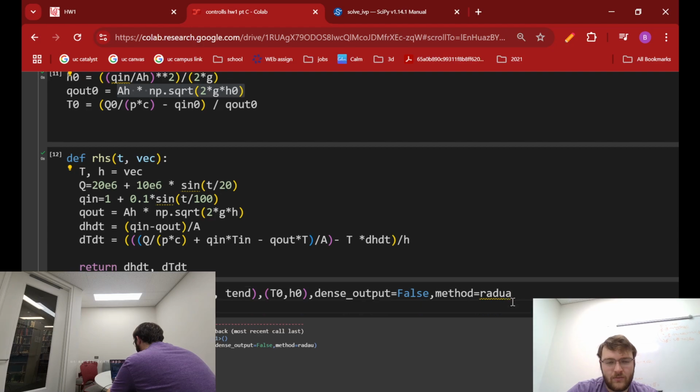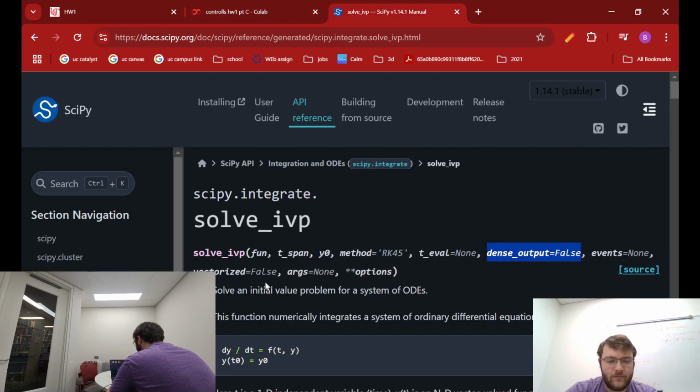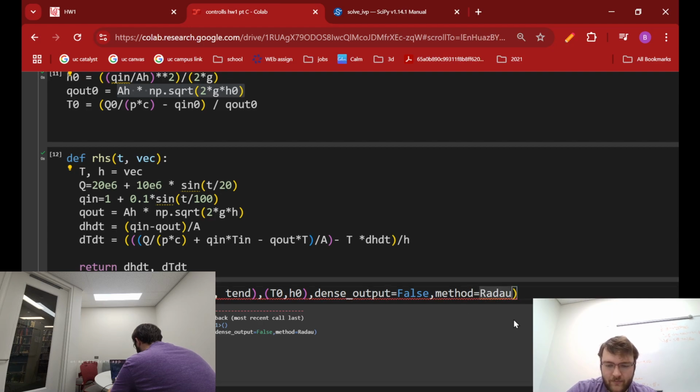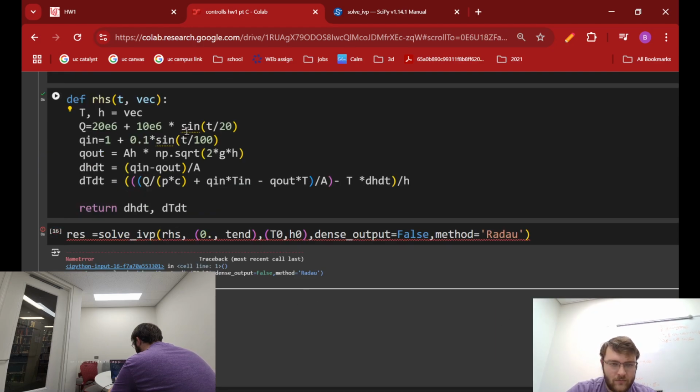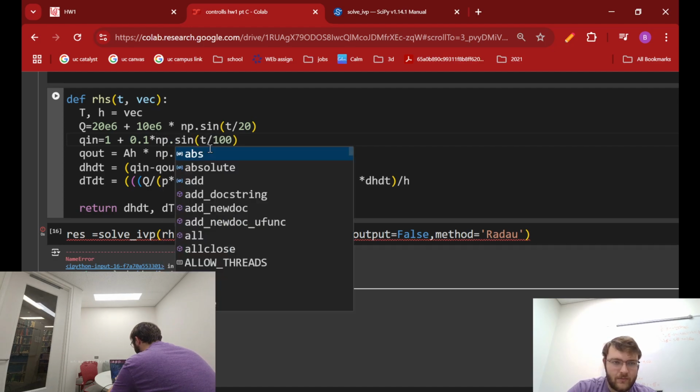HW1. Errors. What would coding be without errors?